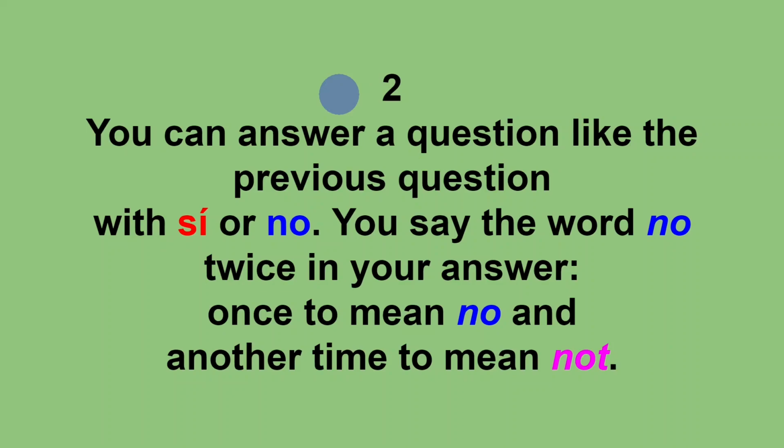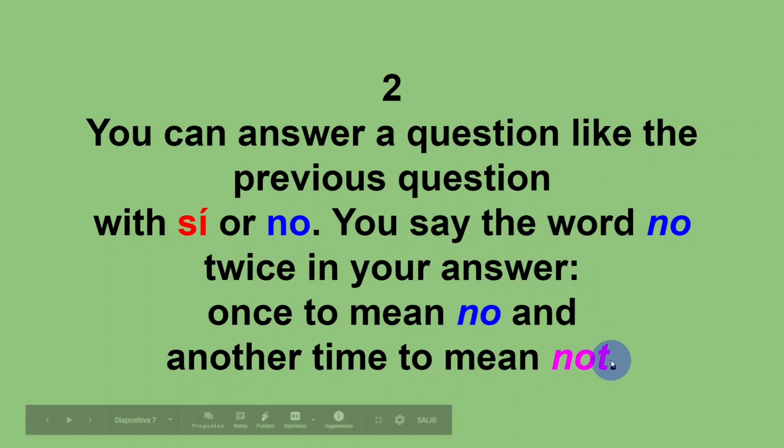Okay, so when someone asks you a question, you can answer with sí or no. Okay, and then the word no, you can write it down or say it twice, which one time will mean no, and the second time will mean not. Okay, let's look at some examples.